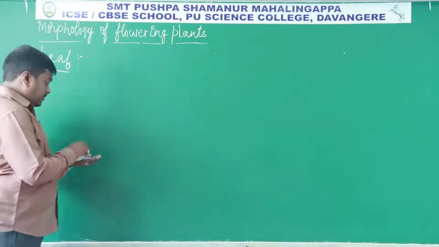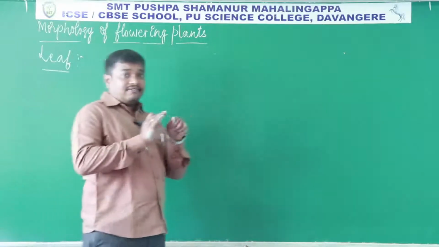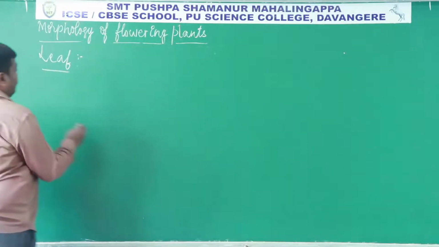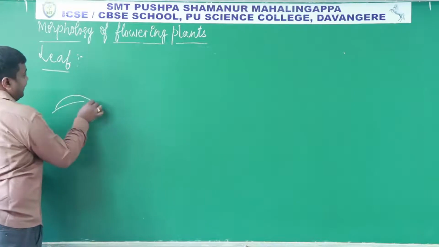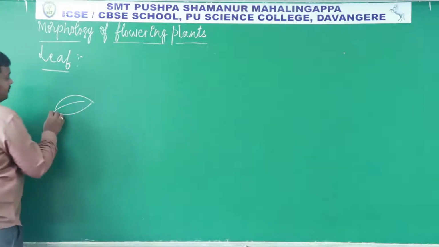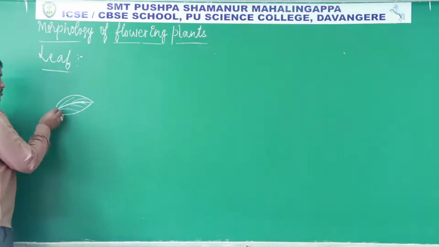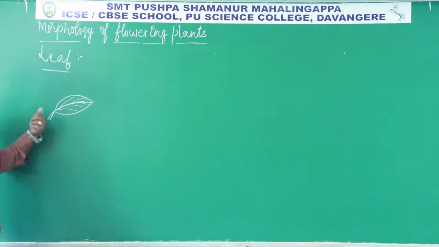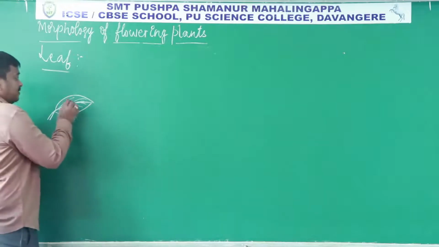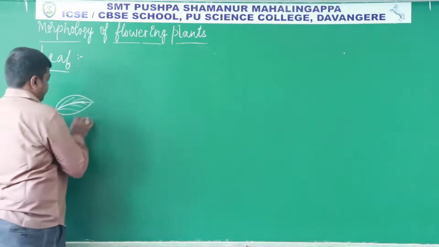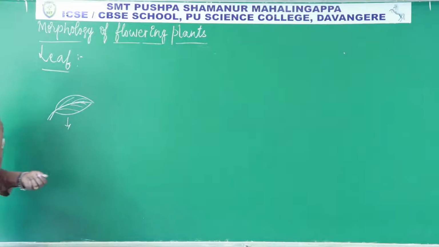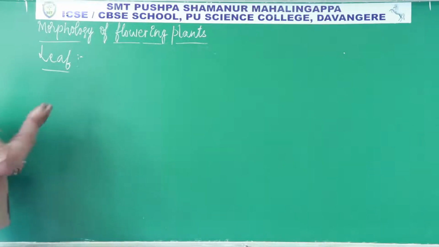Now, based on whether the leaf lamina is entire: this is called an entire lamina, a full one. Whether the leaf is like this or whether there is an incision, let me write it here.